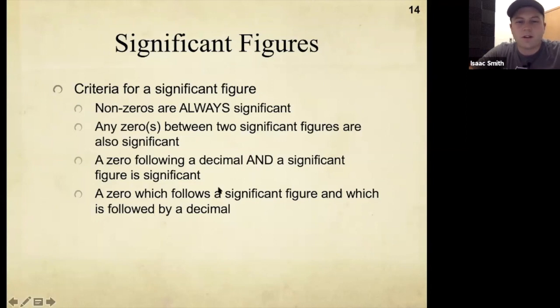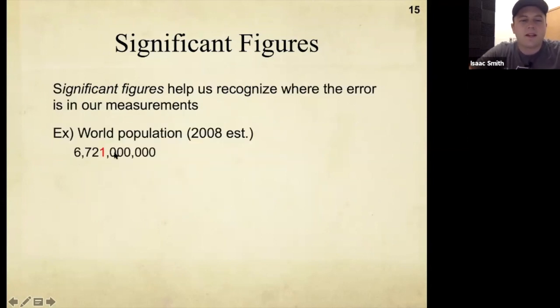A 0 which follows a significant figure and is followed by a decimal is significant. These zeros follow significant figures, but they're not followed by a decimal point. There's not a decimal point here. So that means that these zeros are not significant. So the only significant numbers in this number are these 4 digits right here.